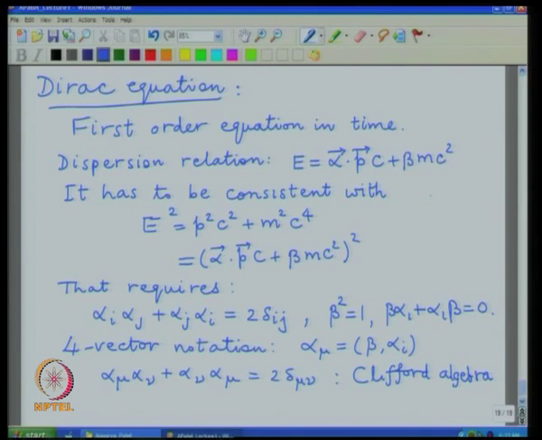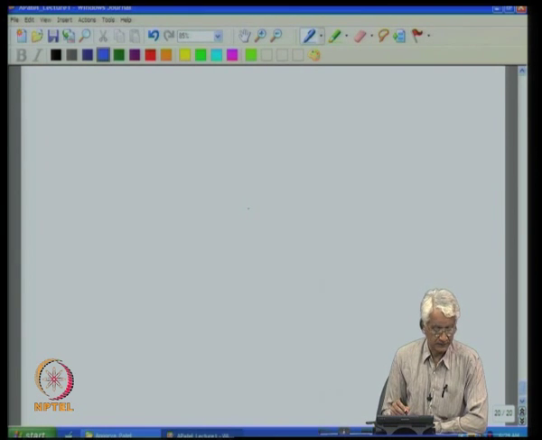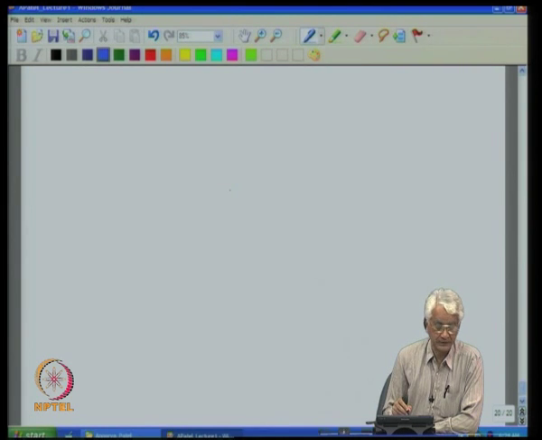If that happens to be true, then one can have a linear dispersion relation, and now with the usual prescription of converting the energy and momentum to the derivative operator with respect to time and space, one can get a quantum mechanics formulation from this equation, and that is the famous Dirac equation. But instead of this differential equation, we will discuss some simple properties of these matrices which obey Clifford algebra today.